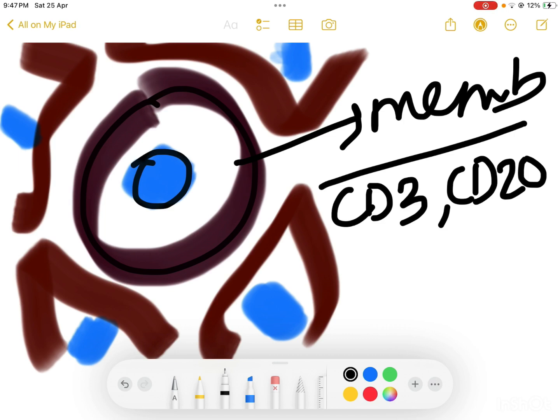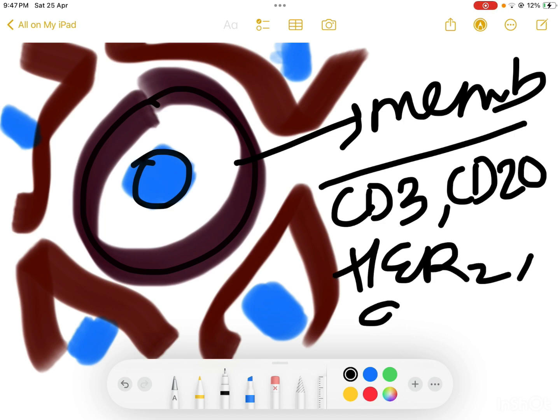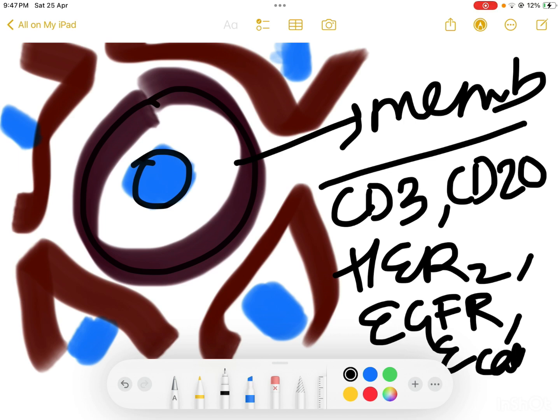And then CD3 is for T cell, CD20 is a B cell marker, and then HER2, which is used in breast tumors, and then EGFR, which is used in lung tumors, and then E-cadherin, which is also used in breast, and other tumors also. So these are the overall tumors and IHC patterns that you will be seeing.